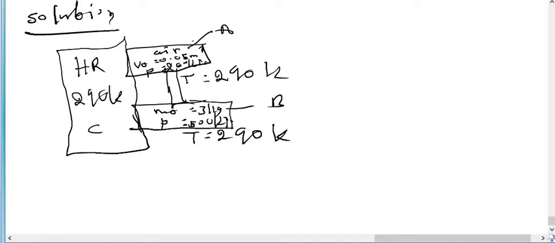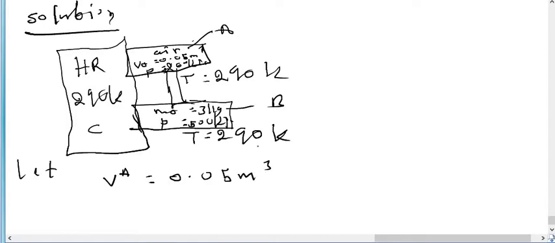So to avoid confusion, I will let every parameter or property of the system carry its system as a subscript. For example, I let VA, the volume of A, be equal to the given volume, 0.05 meter cube.